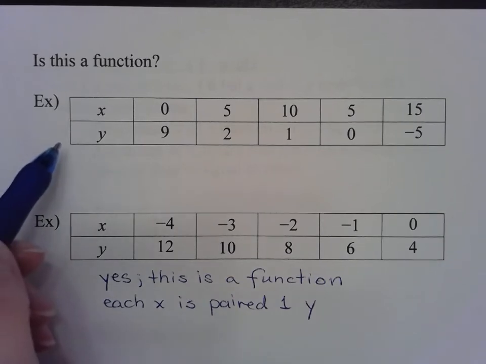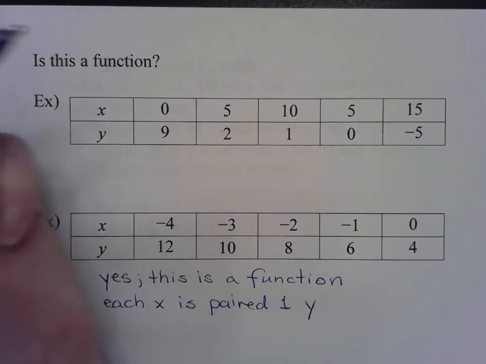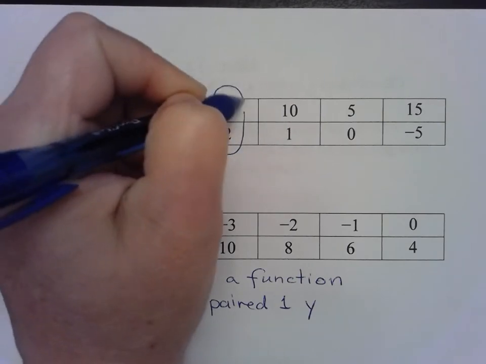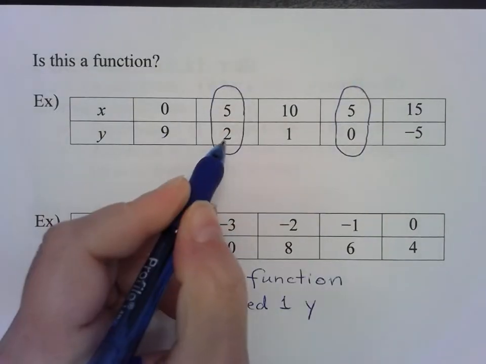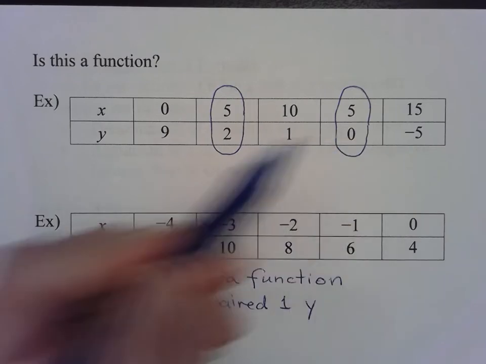Okay, what about the first one? Why is it not a function? We have a problem spot, right? The x value of 5 is paired up twice. It's paired up once here with the y value of 2, and it's paired up again with the y value of 0.